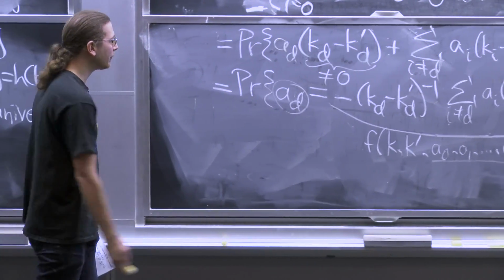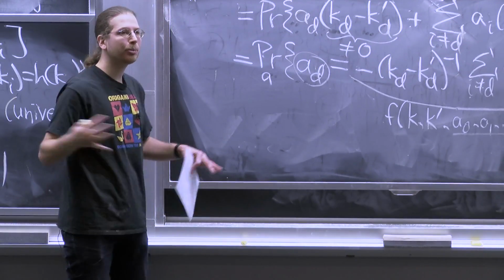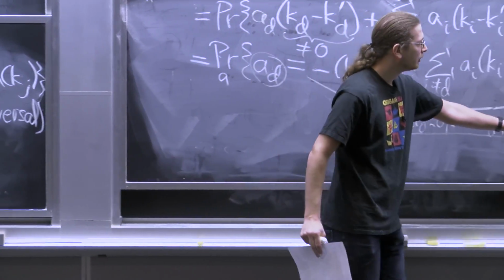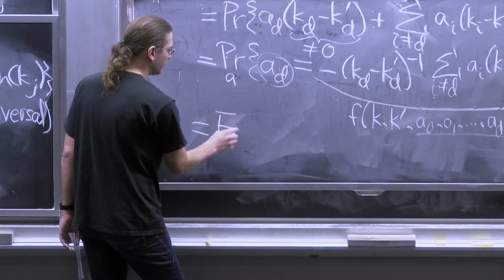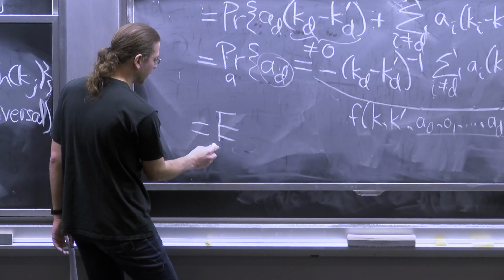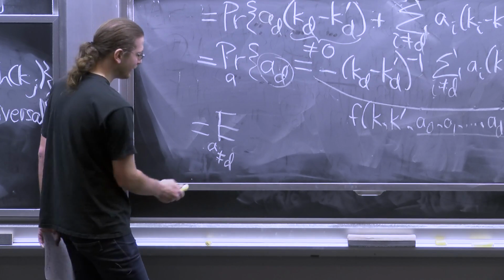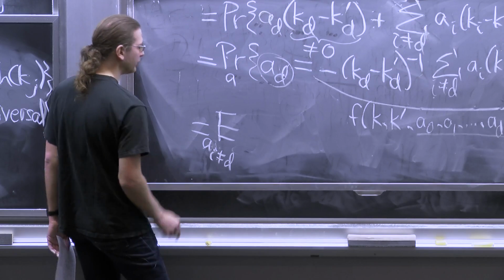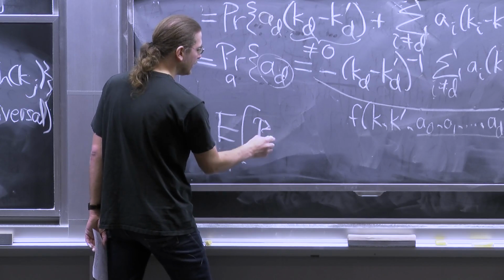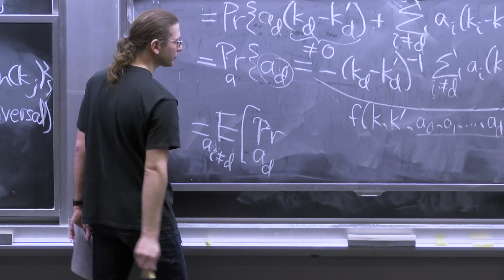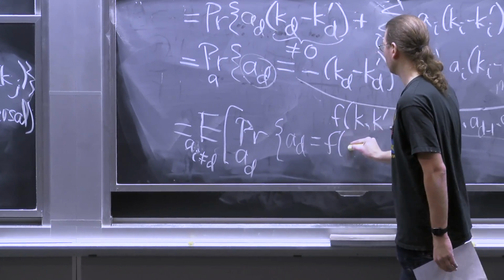So I don't really care what's going on in this function. It's something. And if I rewrite this probability over the choice of A, I can separate out the choice of all these things from the choice of AD. This is just a useful formula. I'm going to write A sub I not equal to D, all the choices of those guys separately, from the probability over choosing AD of AD equal to this function.